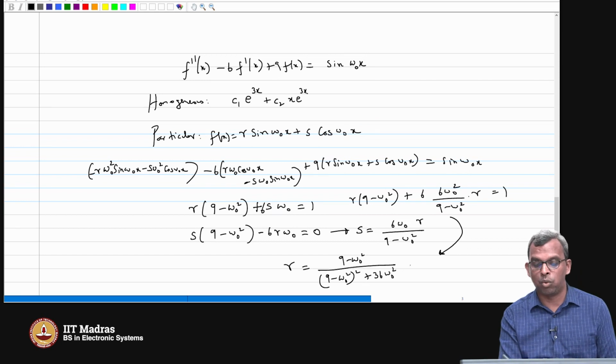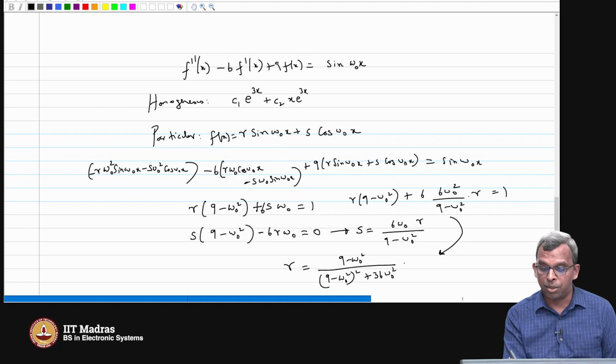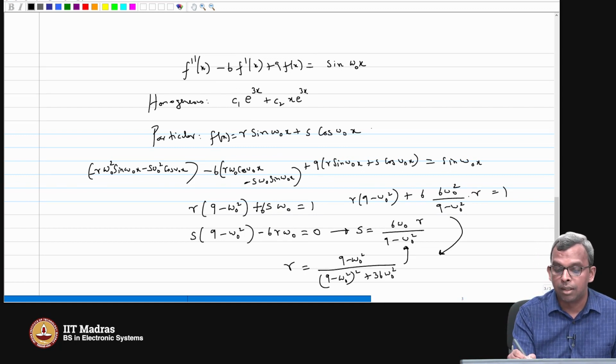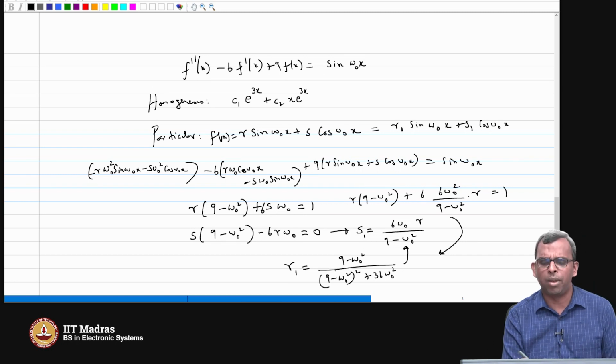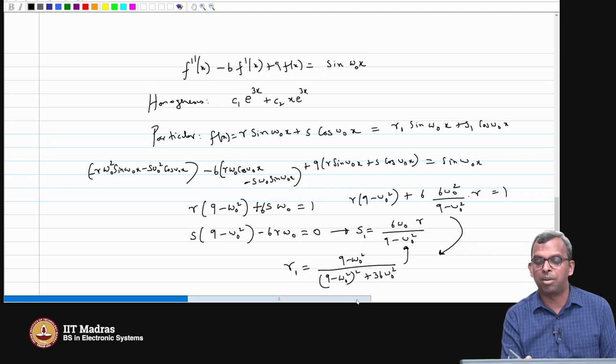So you will get some quadratic involving omega naught to the power 4. That is going to be r. From here you substitute back and you will get s. I will call them r1 and s1: r1 sine omega naught x plus s1 cos omega naught x. This is some formula involving 9 and omega naught squared; you can simplify it in the particular case.